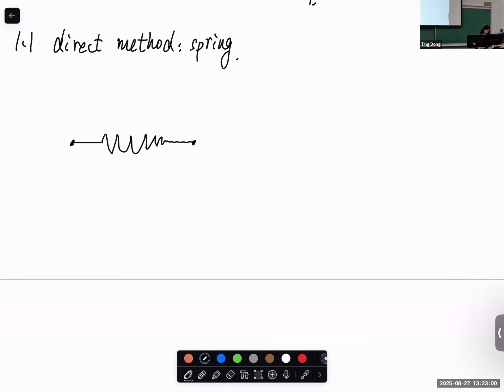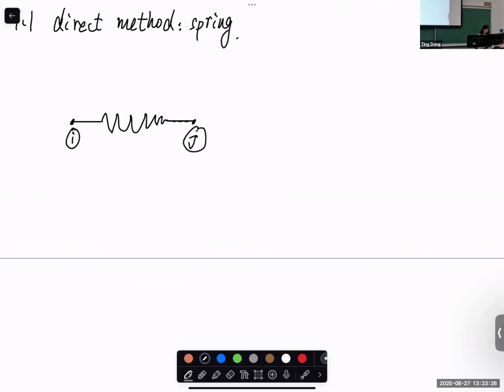Let's assume that this is node I. This is node J. And of course, if you have a big system with 100 springs, you may have different node order. So let's say for a single element, I have node I and node J.